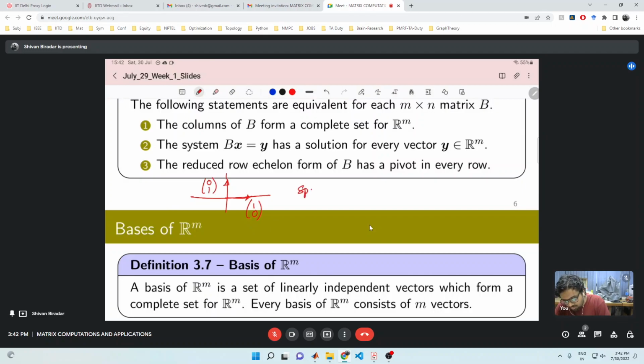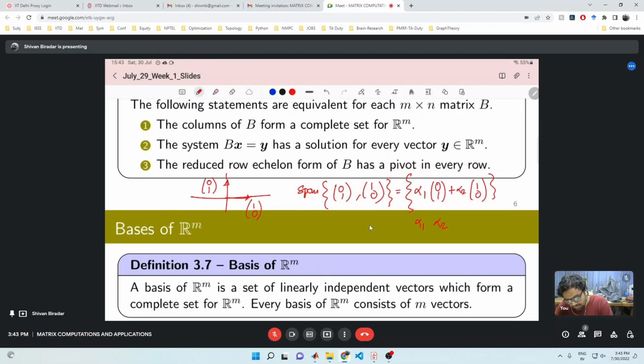So what is the span of these two vectors? The span is the set of all the linear combinations of these two vectors: alpha 1 (0, 1) plus alpha 2 (1, 0). Take any value of alpha 1 and alpha 2, put it here, and you will get a vector. That will be your span.